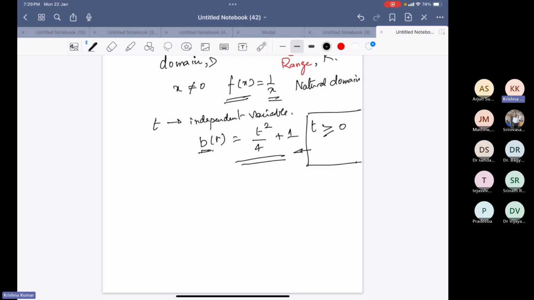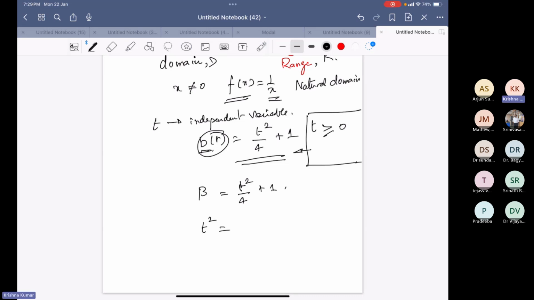Is that clear? Now, all of us know, for example, if I give a function like this, I can express it like I express y equal to 2x, B of t. Let me say that I will express it as beta, so that beta is equal to t squared divided by 4 plus 1.